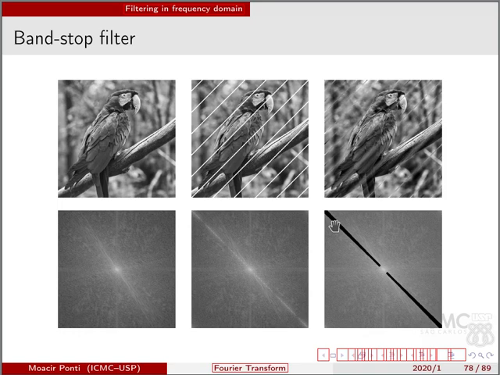It is not perfect, but as you can see, it stops frequencies that were interfering abruptly with the image, and makes it a little bit smoother. In this way, we can design filters directly in the frequency domain, which can be very useful for image processing.